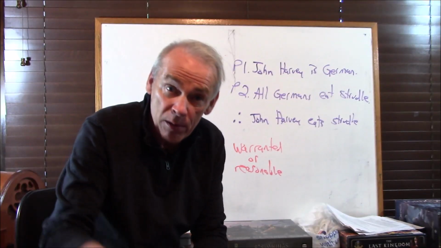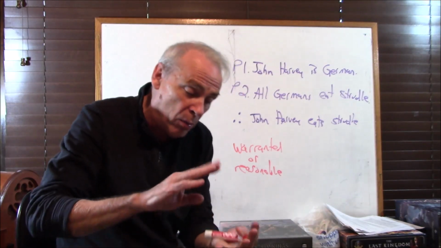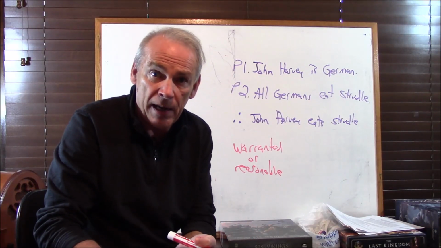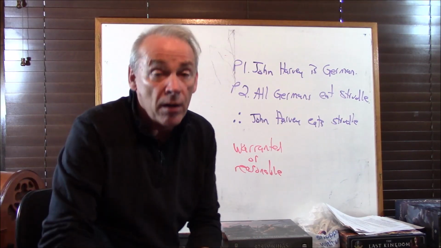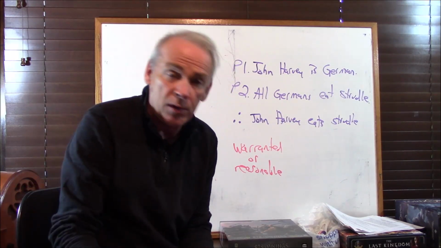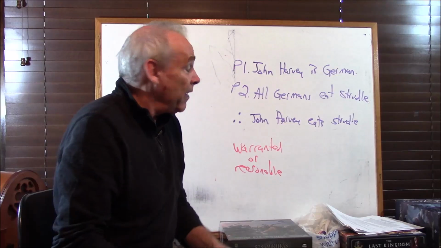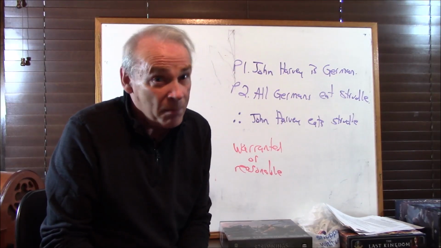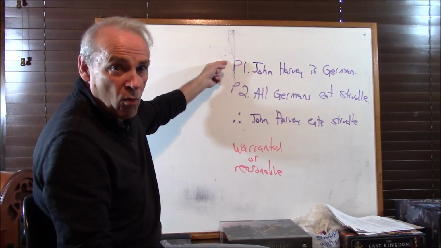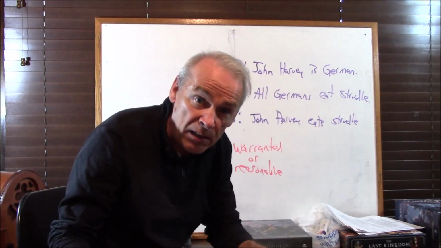I actually have three passports. I was born in England, but I have U.S. citizenship through my dad because he was in the Air Force at the time. And I also have Irish citizenship through my grandfather, who was Irish. I filled out all the forms and stuff. So I'm Irish, English, and American, but I ain't German, all right? So that is not a warranted premise. Sometimes it's easy to tell.